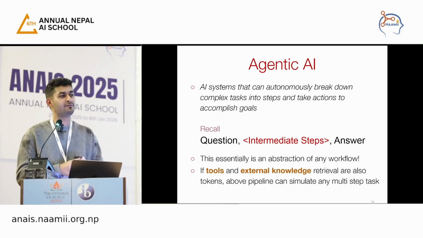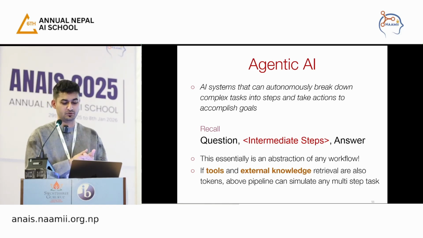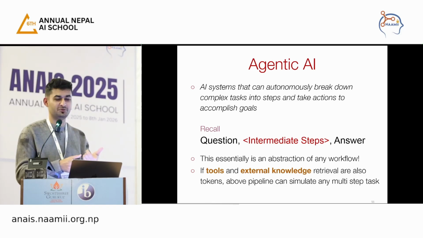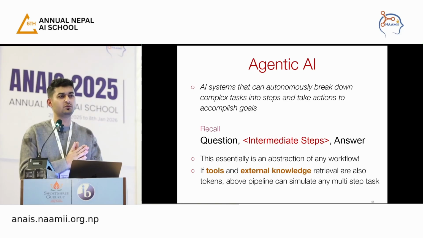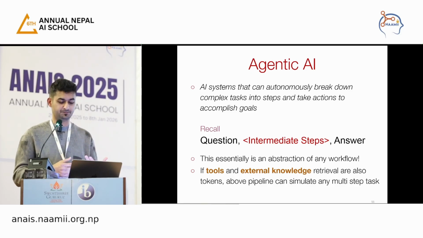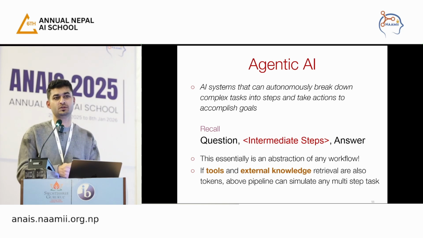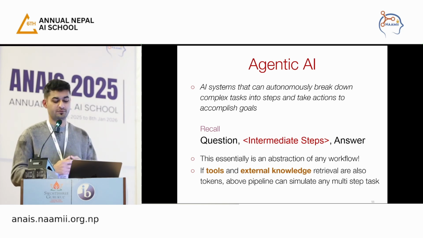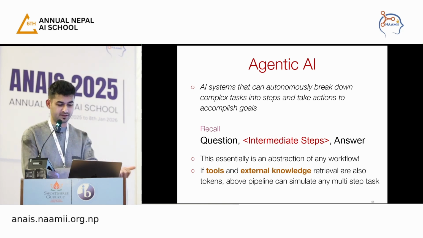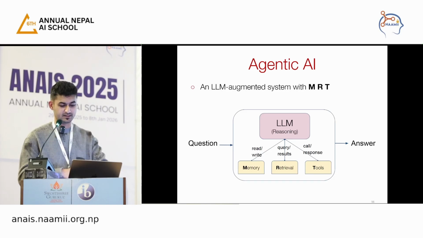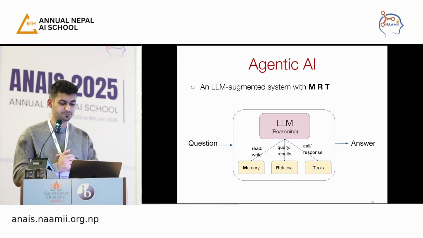And we have the Comet browser, which is what I'm using right now. It's one of the agentic browsers that we have. To understand this, you can see that if certain tools can be included in the workflow, we can have an AI use a browser. And for other tasks as well, I have a few examples in the following slides.